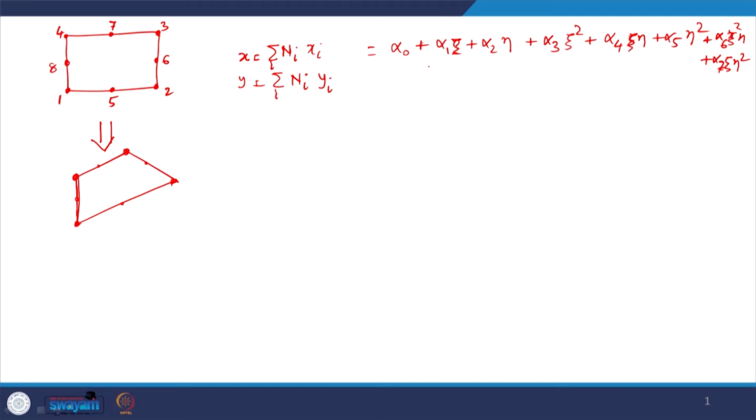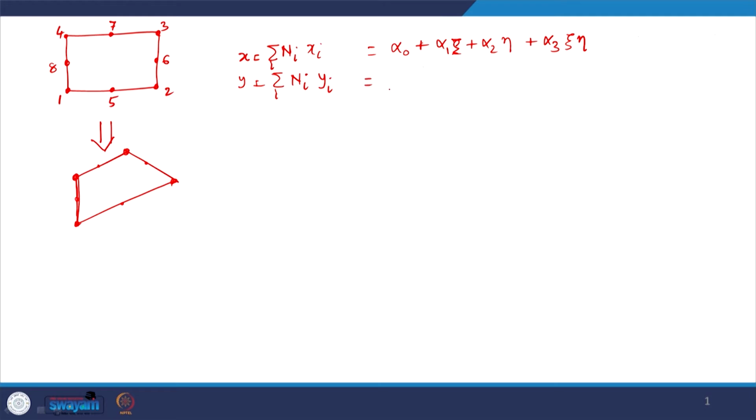The approximation will include a xi eta term, because it is a bilinear distortion. So, 4 nodes, so there will be 4 terms. The fourth term will be the xi eta term, and similarly for y.